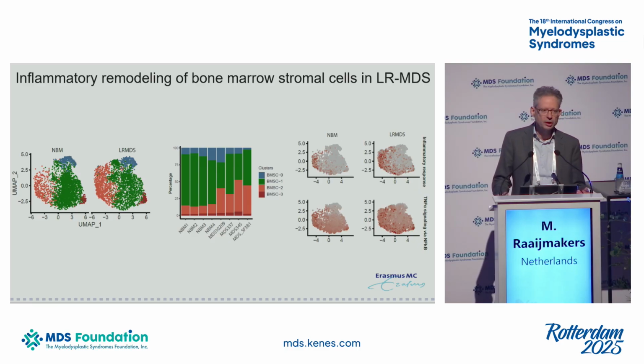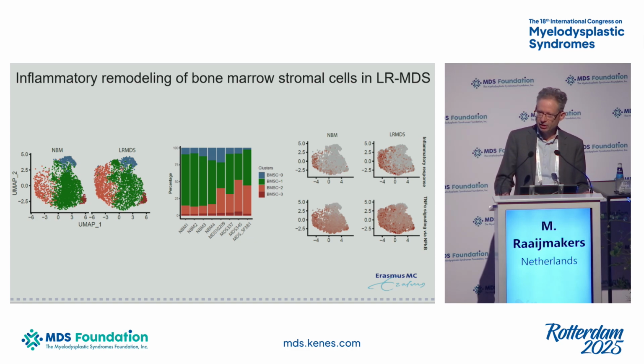And there is remodeling towards an inflammatory population in orange here in lower risk MDS. And this inflammatory signaling again is TNF-alpha signaling via NF-kappa beta, at least according to the annotation of gene expression.